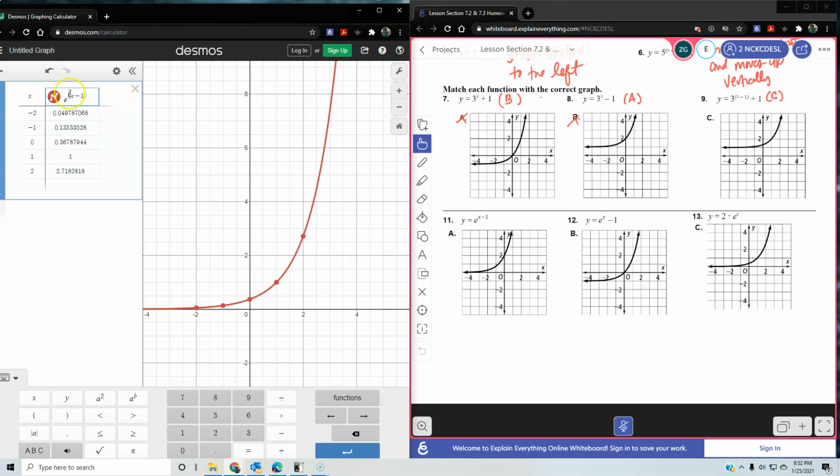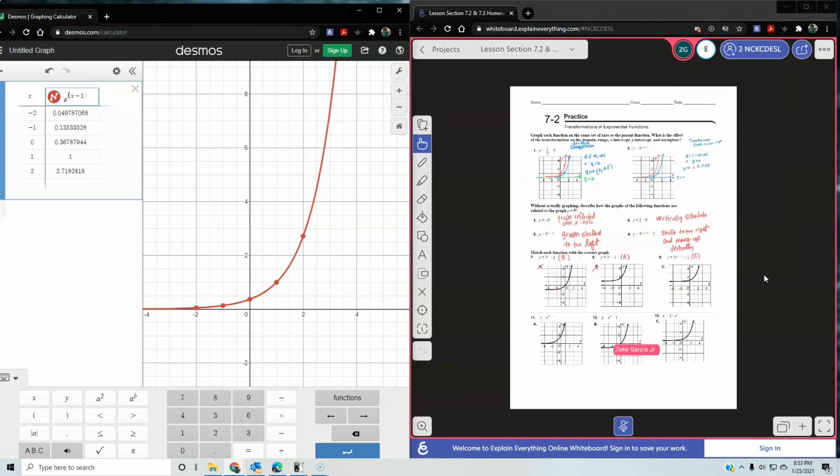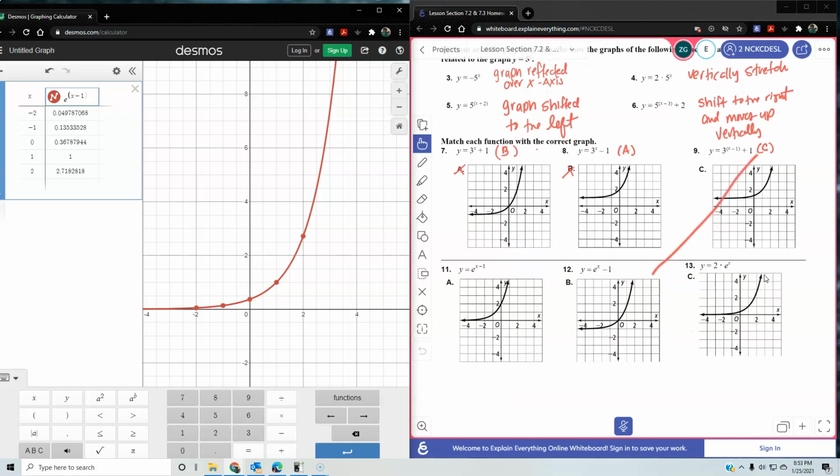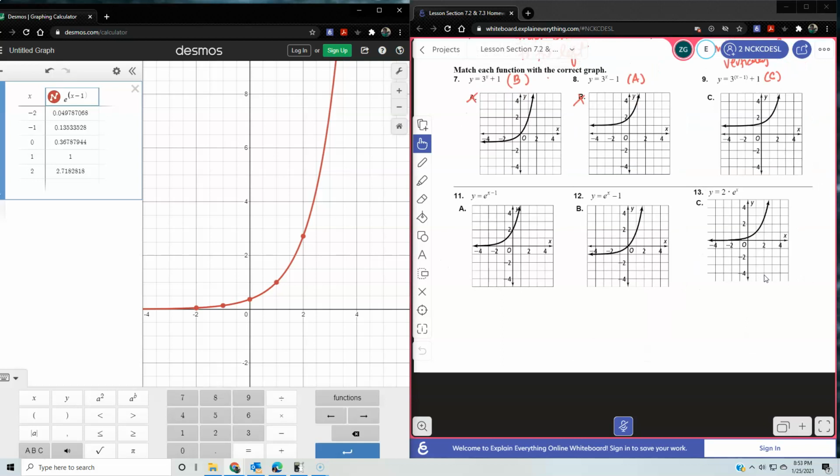And you notice when x is 0, it's 0.3, and then we have 1, 1. So we know that the answer for number 11 is C.